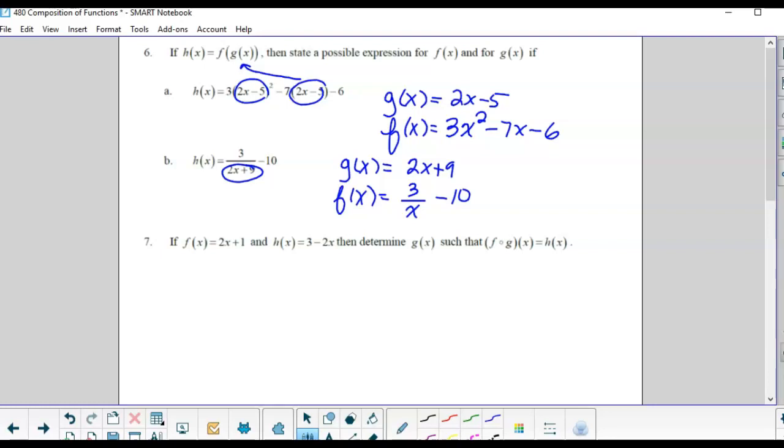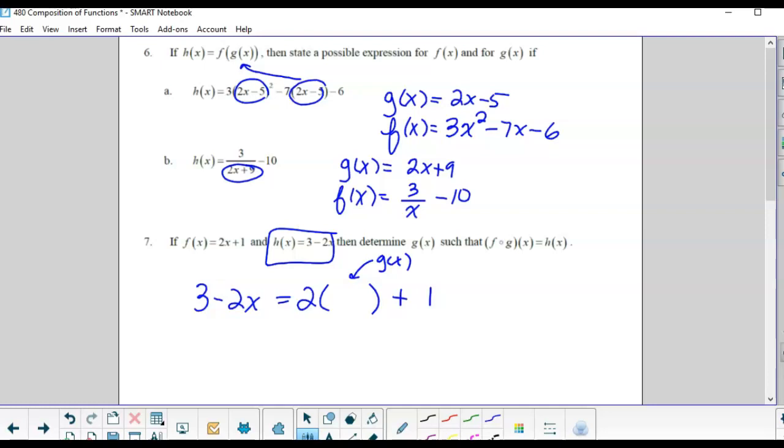7. If f of x is 2x plus 1 and h of x is 3 minus 2x, determine g of x such that the composition is equal to h of x. So this is your final. So 3 minus 2x equals 2 times something plus 1. G of x has to go in here. So we want to think about what this can be in order to get 3 minus 2x.